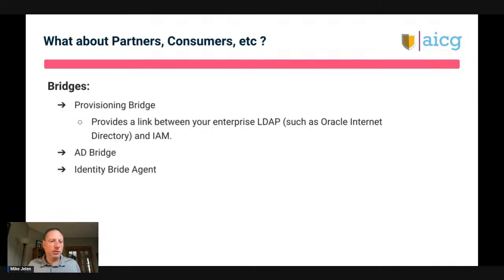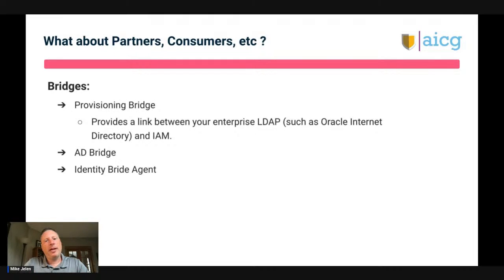So for the syncing of users, within Oracle Cloud Infrastructure there's this concept of leveraging bridges. So bridges are just, think of a general mechanism in order to get those users and groups into IDCS so they can be leveraged in the different applications.